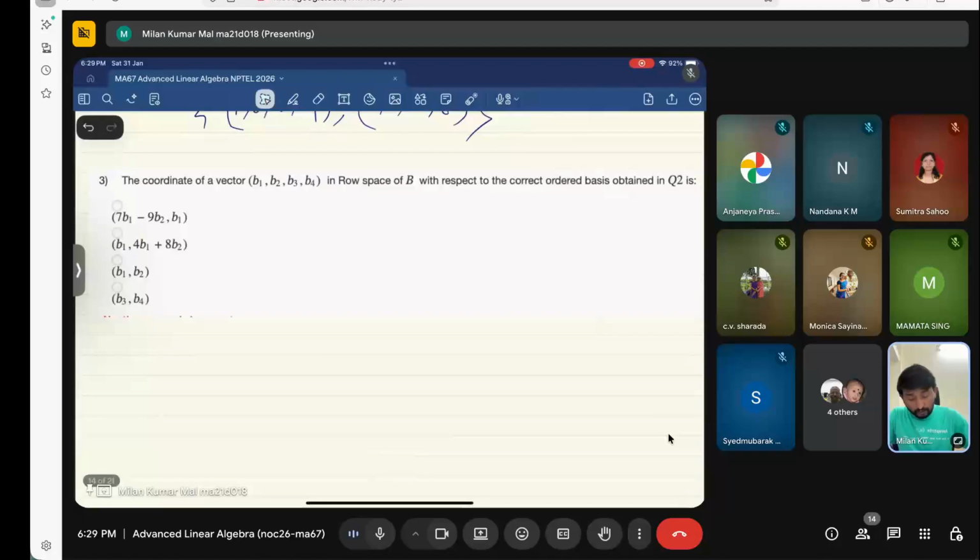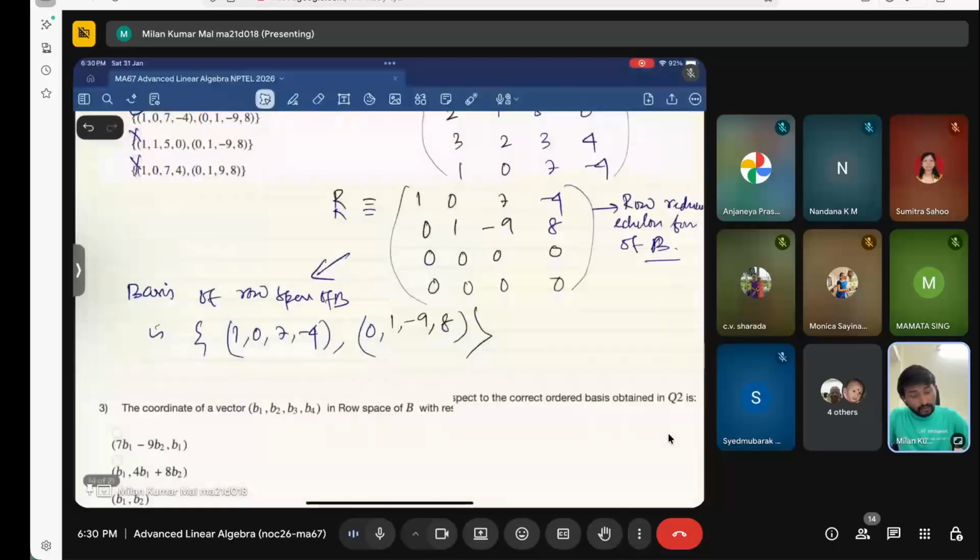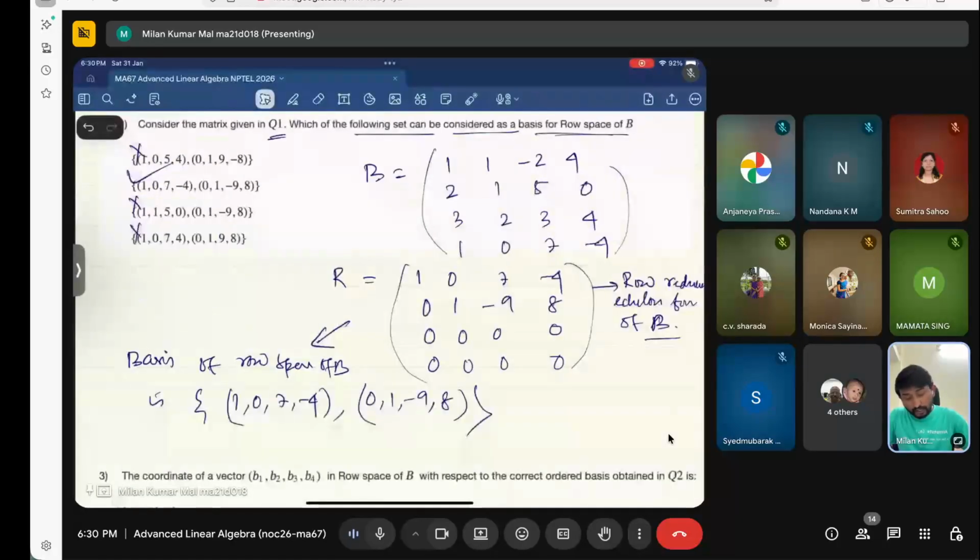Okay, again here is a question: the coordinate of the vectors b1, b2, b3, b4 in row space of B, again the same matrix B here, with respect to the correct ordered basis obtained in question 2. What is the correct ordered basis?